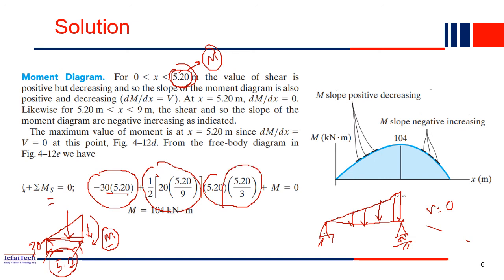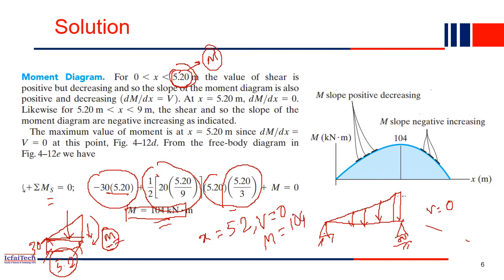If you remember, we discussed in the last slide that is the distance. Simply doing it, M is the same. So you get the moment where the shear force was 0. At x equal to 5.2, shear force V was 0, whereas the moment was maximum. It will be 104 kilonewton meter. That's what we computed here.